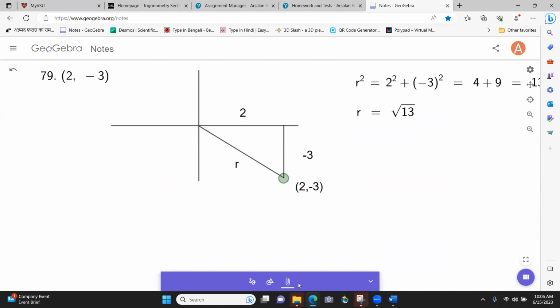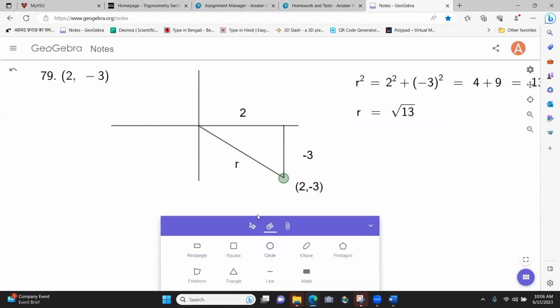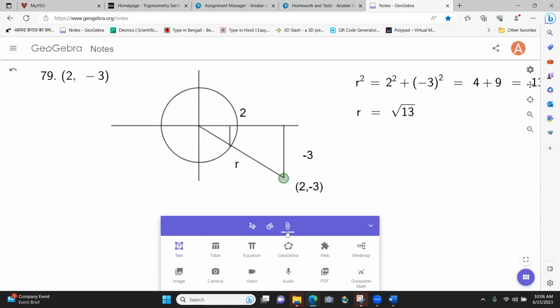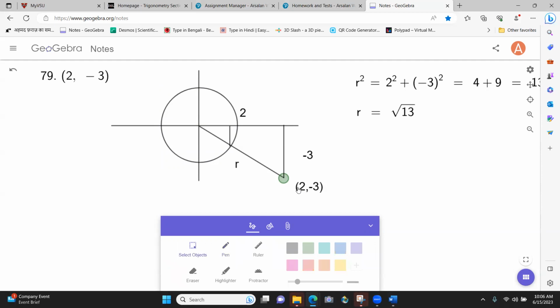So let me draw a unit circle. Again, the size doesn't matter. It should be roughly smaller. All right. Now we do something like we did before. I'm going to make this point pink.